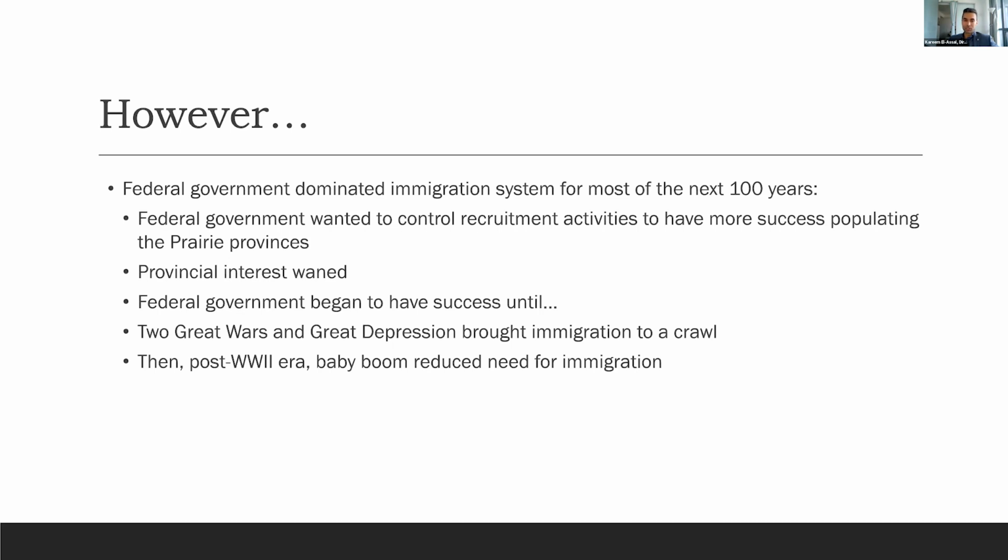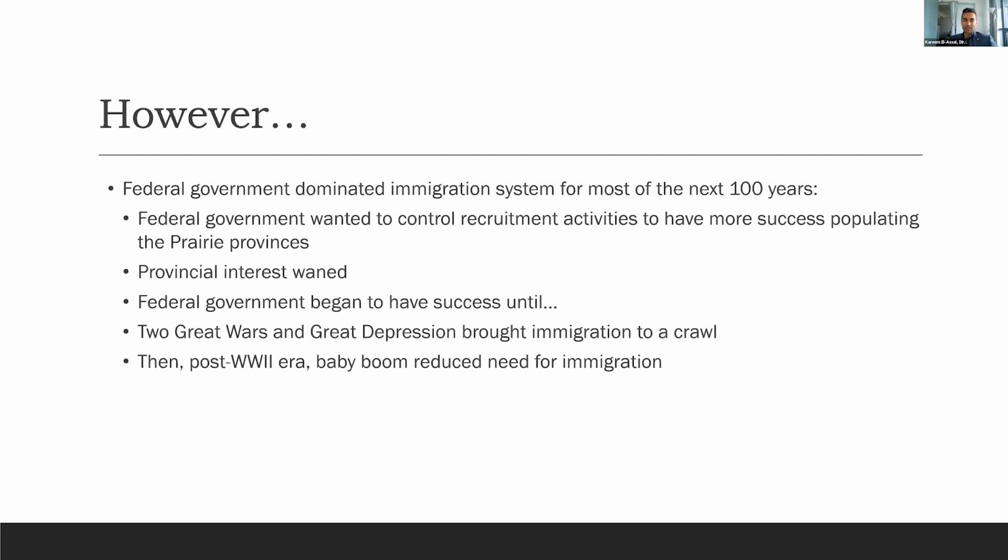One of which was the federal government wanted more control so that they can support the objective of promoting immigration to the prairie provinces. But there are also global factors that caused Canada's immigrant intake to plummet, such as the two Great Wars and the Great Depression. Then, after the Second World War ended, we had this thing called the baby boom.